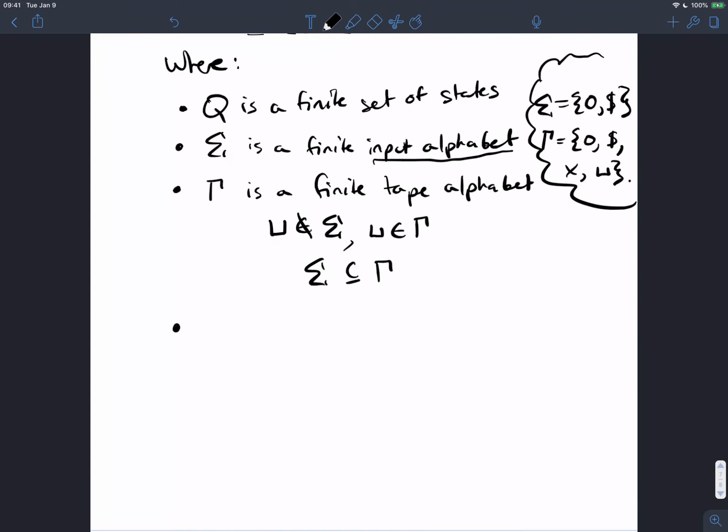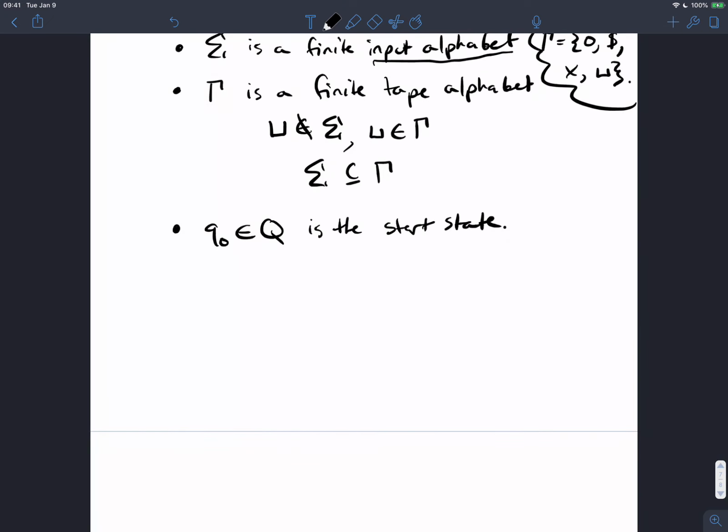We're going to give it a name, which is Q0, which is a member of Q because it has to be a state. And just because I give you two state names, they could correspond to the same state. Just because they have different names, they could be the same state. We can actually do an example of that.